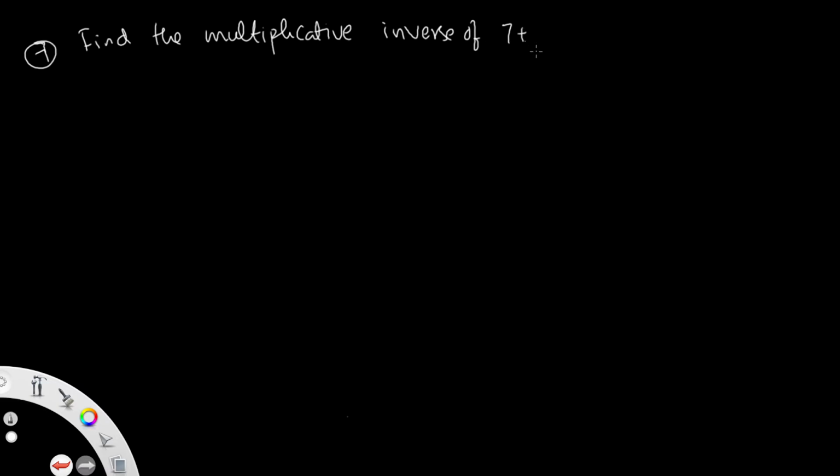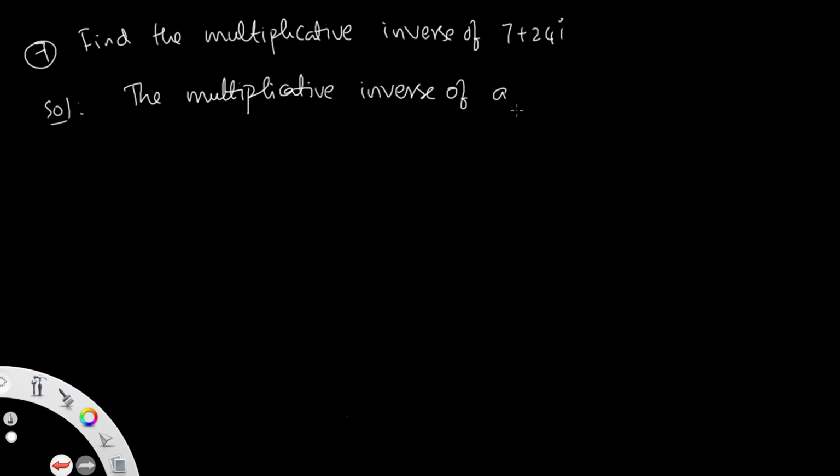The formula we already know, so write the formula first. Solution. The multiplicative inverse of a plus ib is a by (a square plus b square), comma, minus b by (a square plus b square).